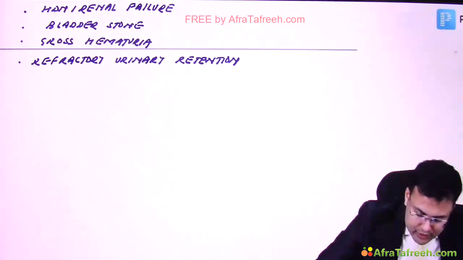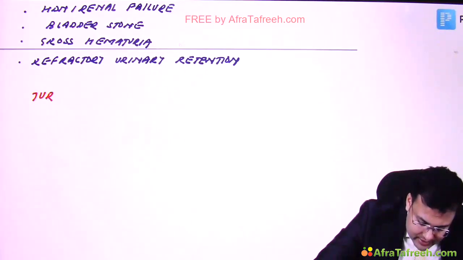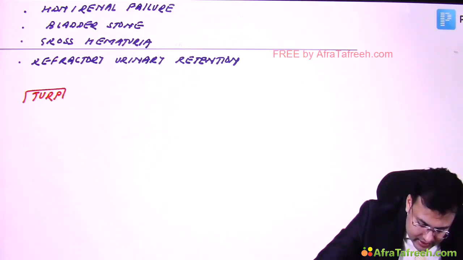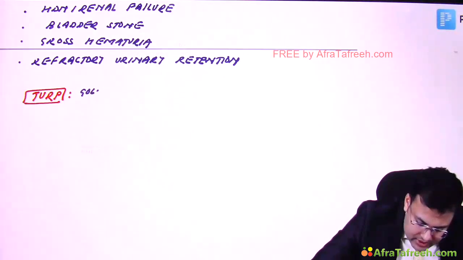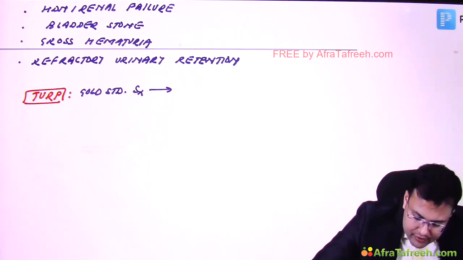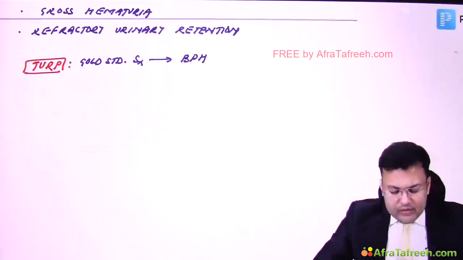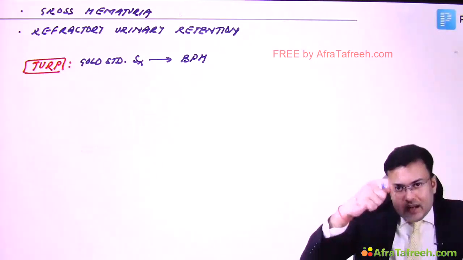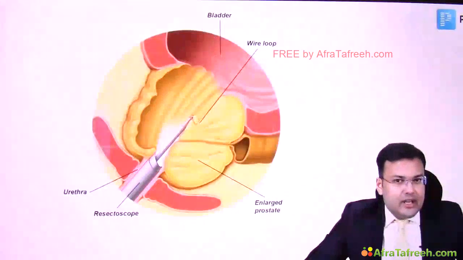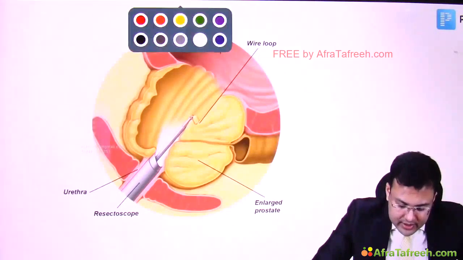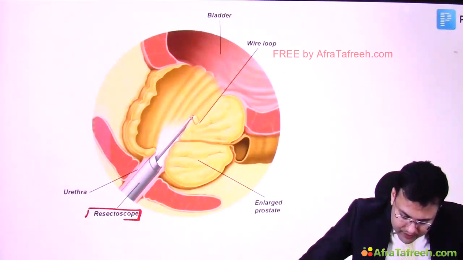First of all, TURP is the transurethral resection of prostate, and this is the gold standard surgical treatment for benign prostatic hyperplasia. How is it done? Here you can see that in TURP we are using a resectoscope.